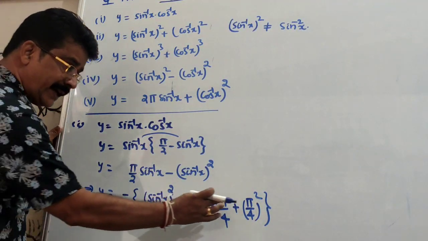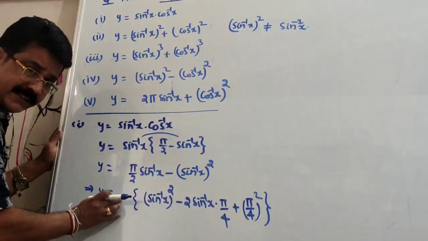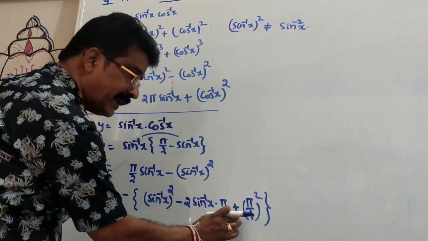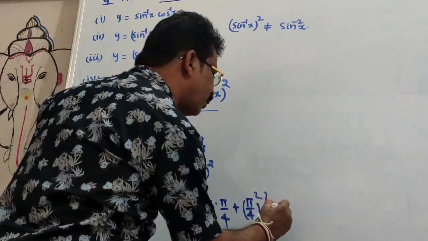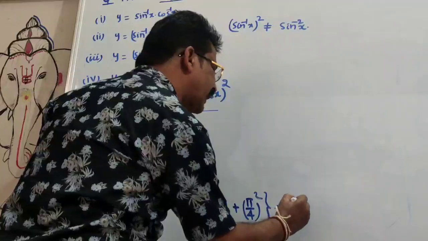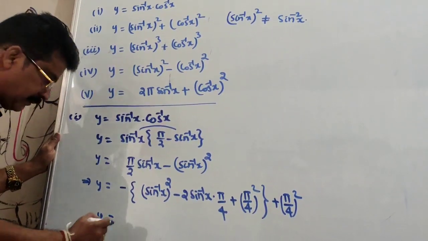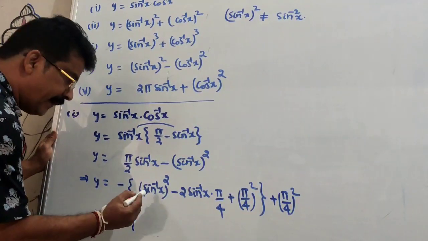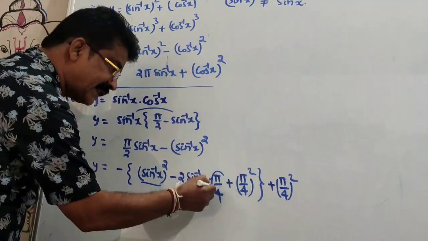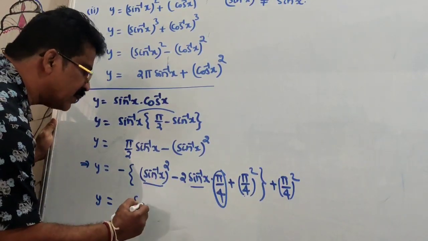Already one minus is in front of the bracket, so minus into plus, that's why we have to add plus pi by 4 whole square. So therefore y equal to minus, it should be a square minus 2ab plus b square, means a minus b whole square.